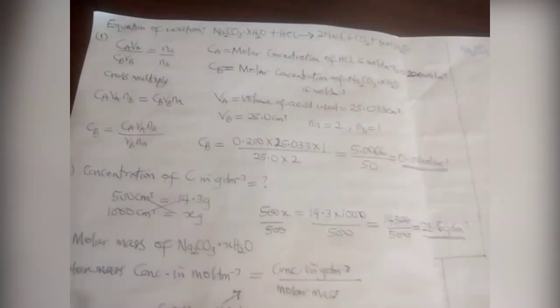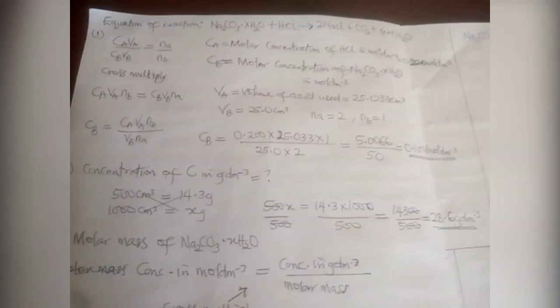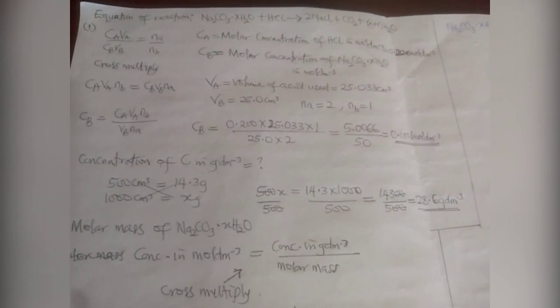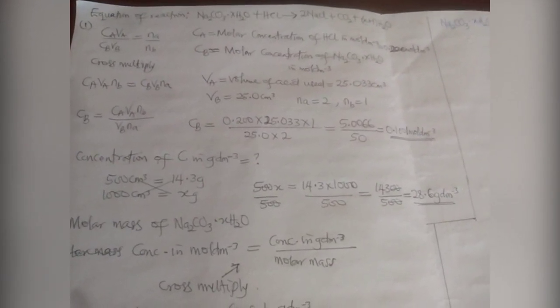The solution to the question is thus: the first question, you have to calculate the concentration of the base in mole per dm cube. So if you want to calculate the concentration of the base, you are going to use a formula called CAVA over CBVB is equal to NA over NB.